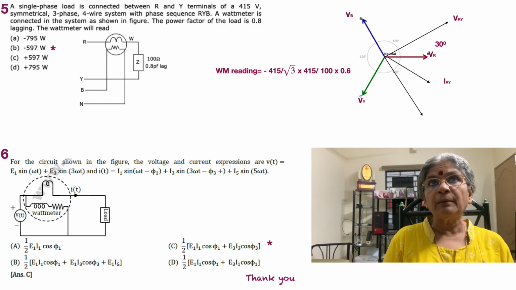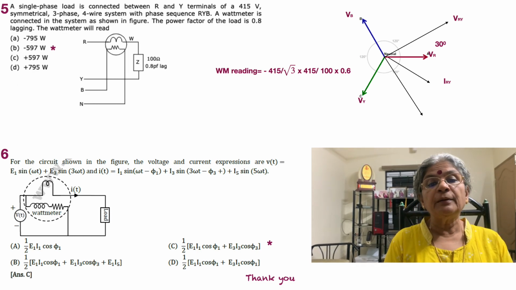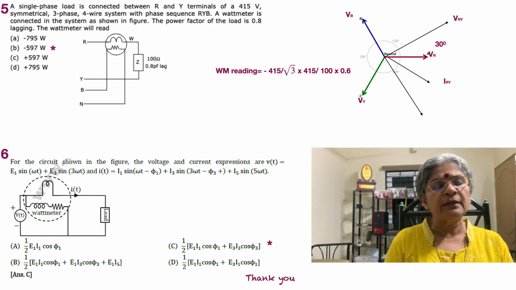So minus 415 by root 3, because the voltage has been considered negative in this case, to give the phase voltage, because BN is phase voltage, multiplied by 415 by 100 to get the current, multiplied by 0.6 as the new power factor. The value is equal to minus 597. You can always take some average values and arrive at this value.